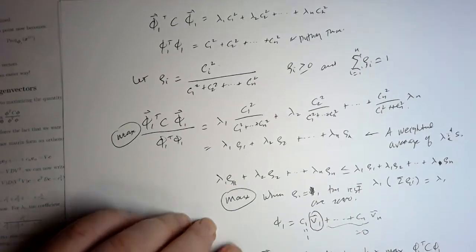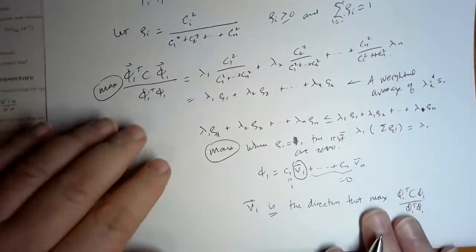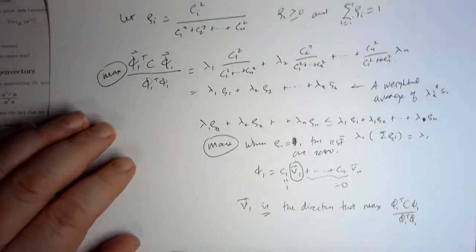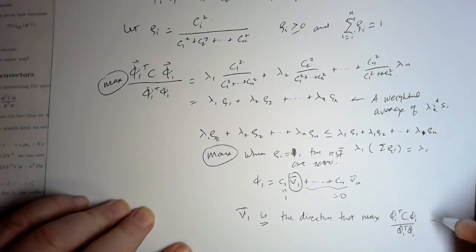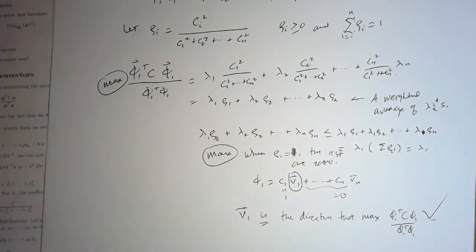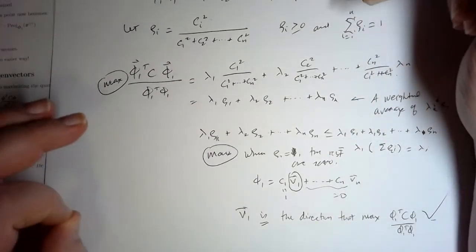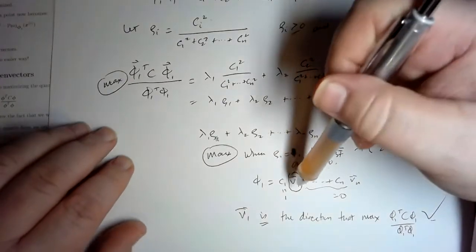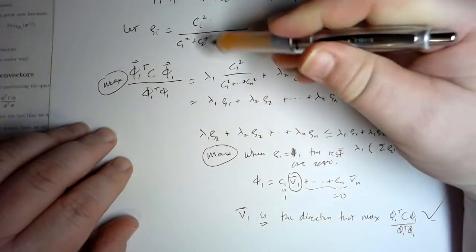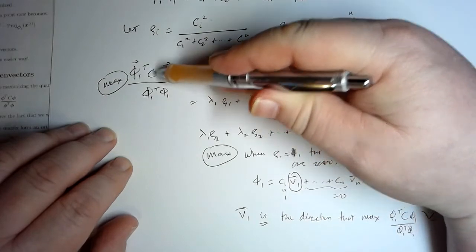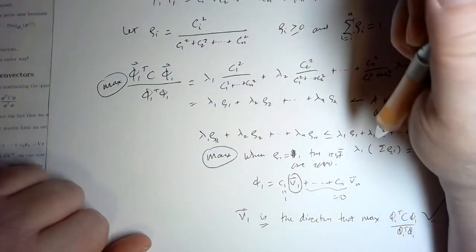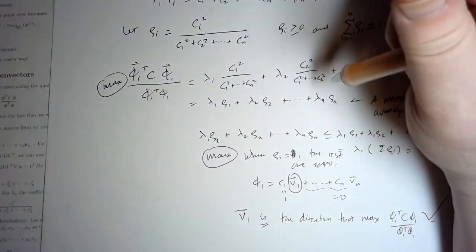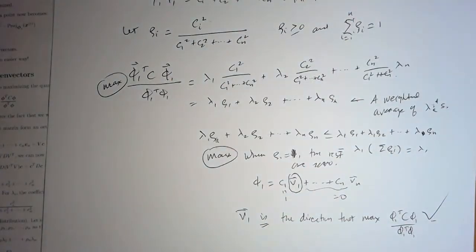Okay, there it is. We're done. That's the best direction. That's the best basis. So the best basis for a set of data, the best one-dimensional basis for a set of data, is the eigenvector of the covariance matrix corresponding to the first eigenvalue, or the biggest eigenvalue. Very good. Excellent.